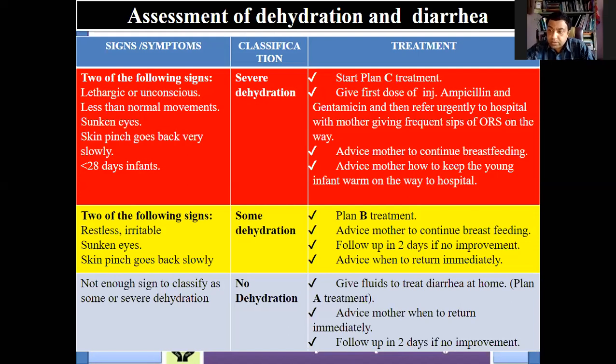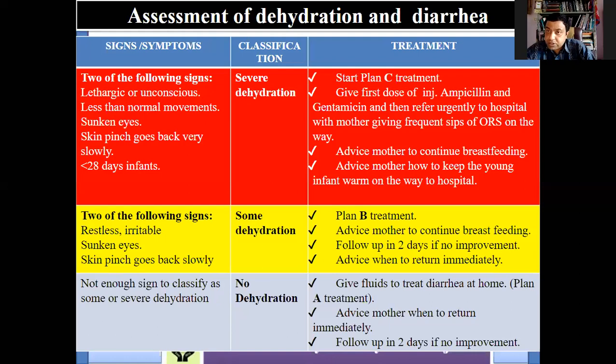You can Google it and find it, or you can find it in YouTube videos also. But I'll try my best to cover the basic important points regarding plan C treatment. For that, you need to give the first dose of injection, ampicillin, not amoxicillin. Amoxicillin oral, ampicillin injection, and gentamicin IM. Then refer urgently to hospital with mothers giving frequent sips of ORS, oral rehydration solution, on the way to hospital.